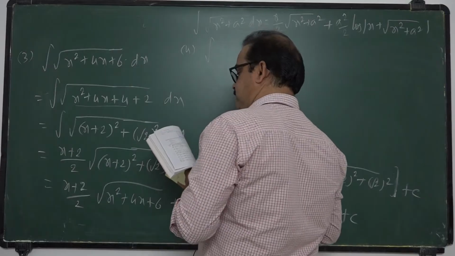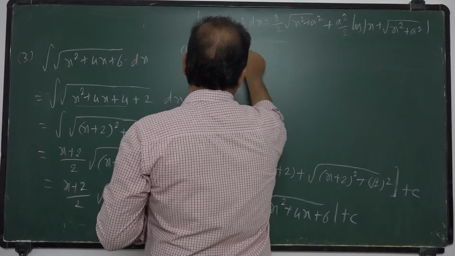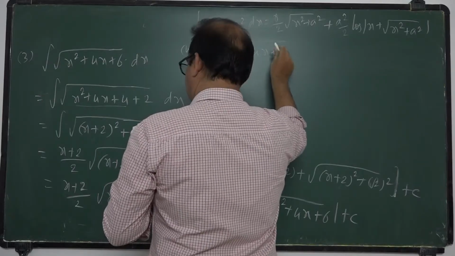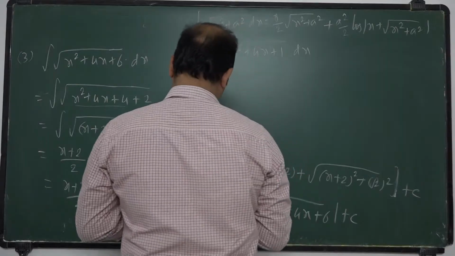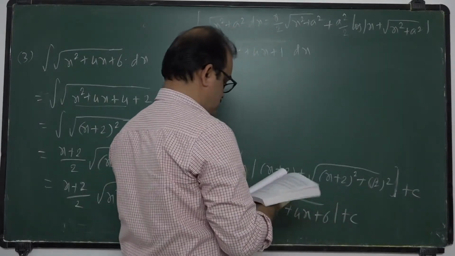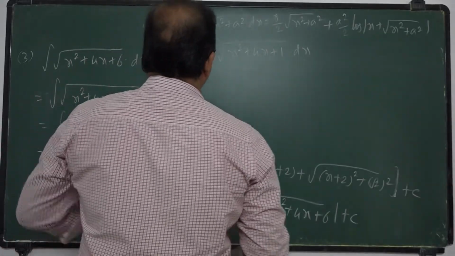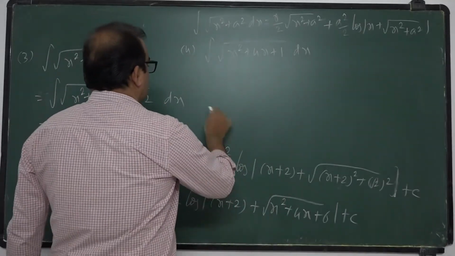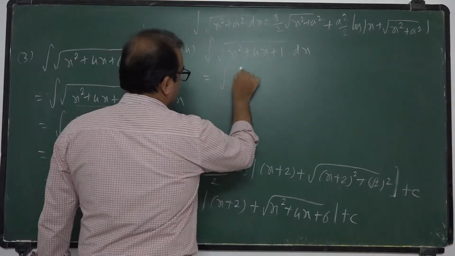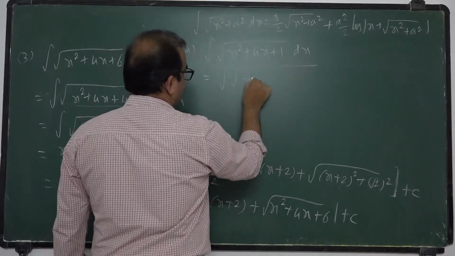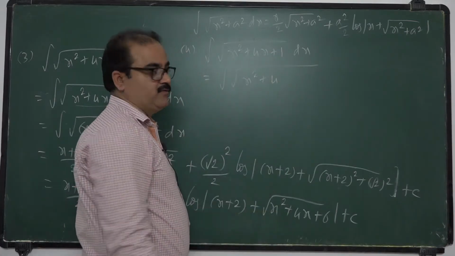Next, fourth one, integral of root of x square plus 4x plus 1 into dx. Now write it as integral of root of x square. First you write it as a perfect square.